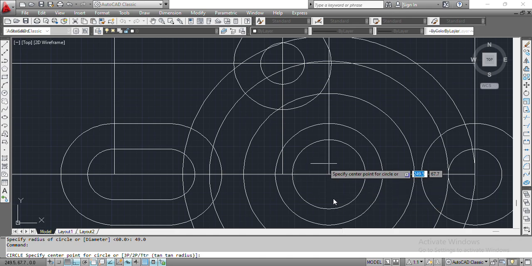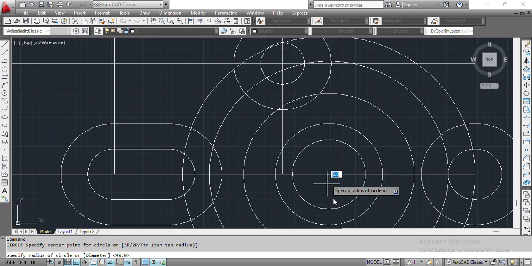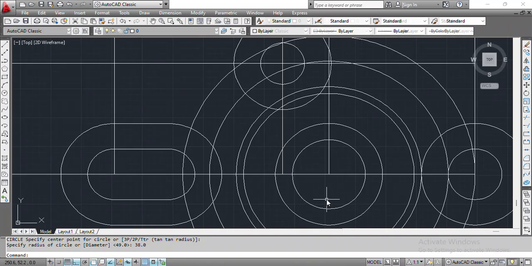And we also have another from the same center, 60.0 minus 22.0. We have a radius of 38.0. So that is done.